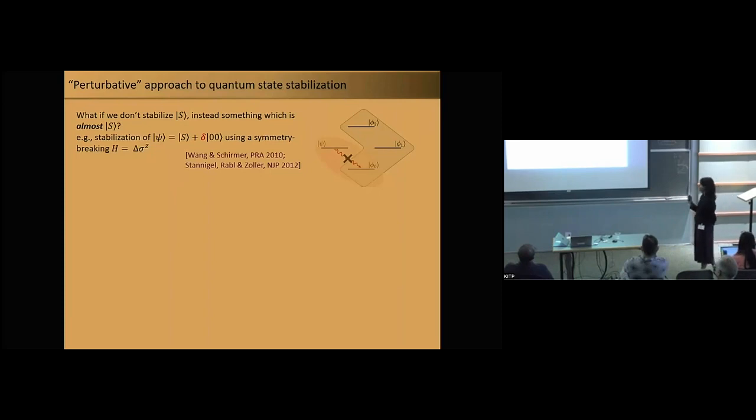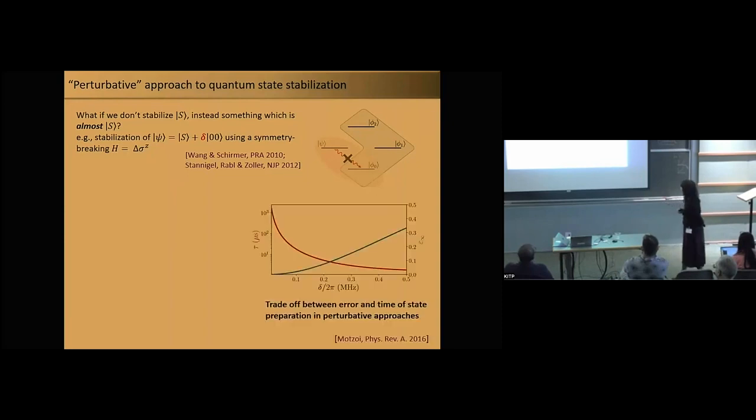Phi 0 is a state which you have to introduce, which in this case happens to be the joint ground state. And it works very well, but the problem is that the entire theme of symmetry breaking is to introduce an admixture with a small error delta. If you try to pump this state hard, which means you try to do the stabilization with a fast rate, you also increase the error in your target state.